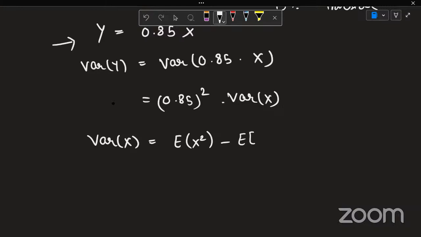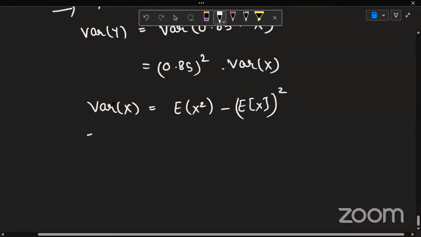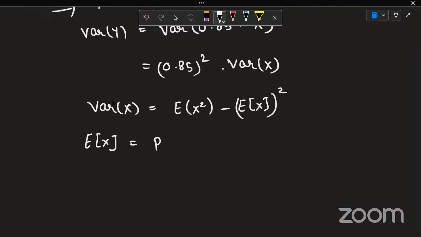So you can have E of x and E of x square, right? So we'll just calculate the values of E of x. How will you get that value of E of x? Summation of xi into probability of x is equal to xi, right?